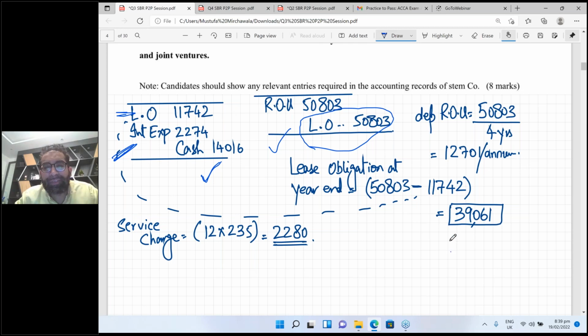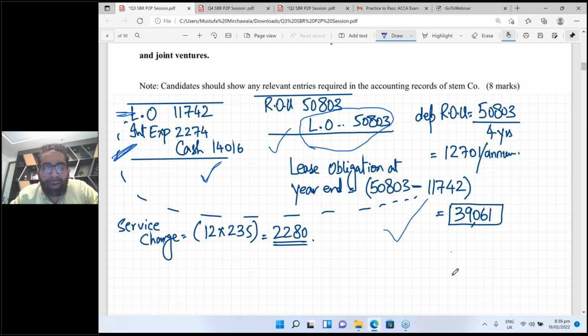So at the end of the year your lease obligation will be 50803 minus 11742, which is 39061.